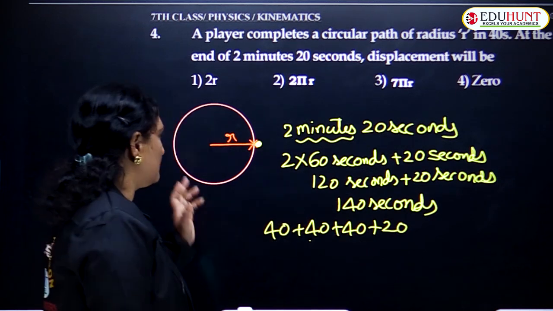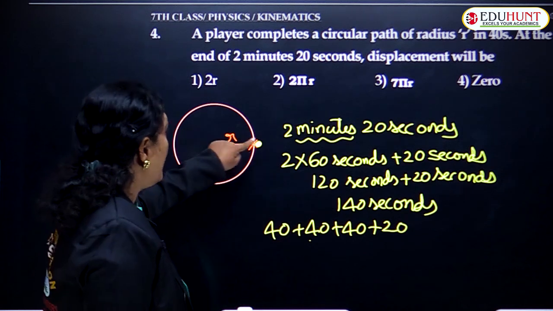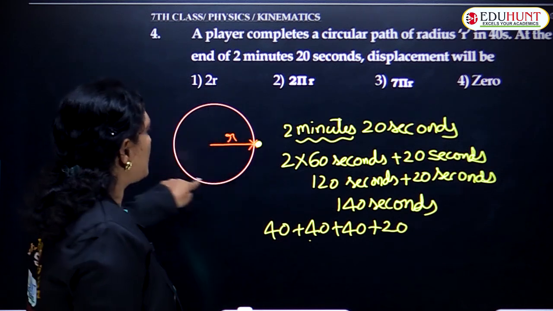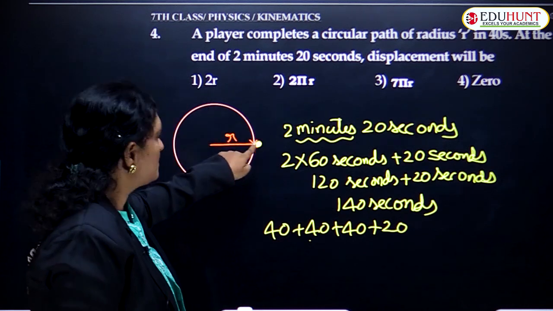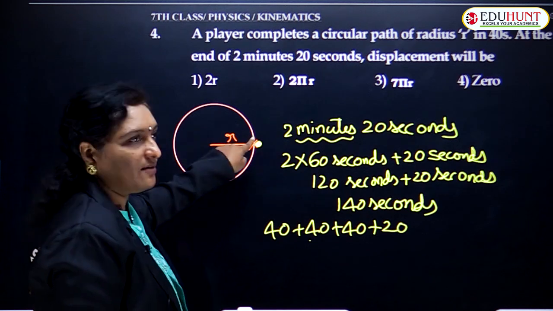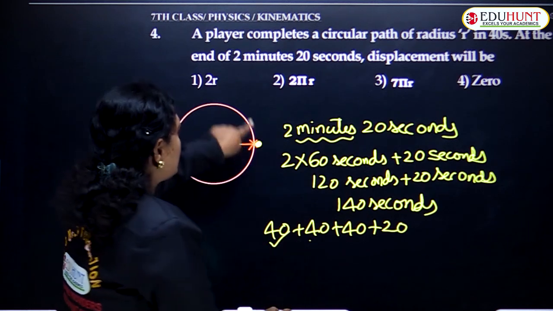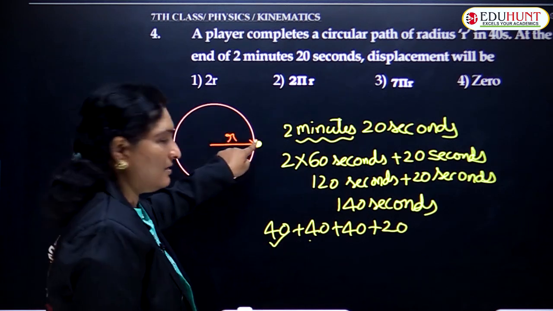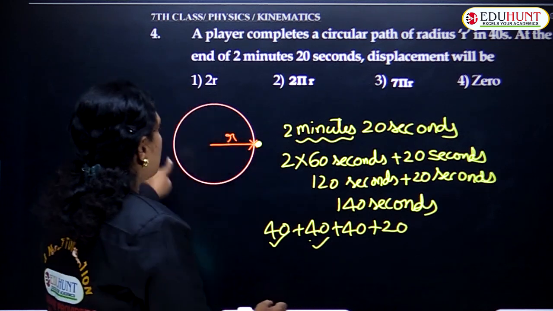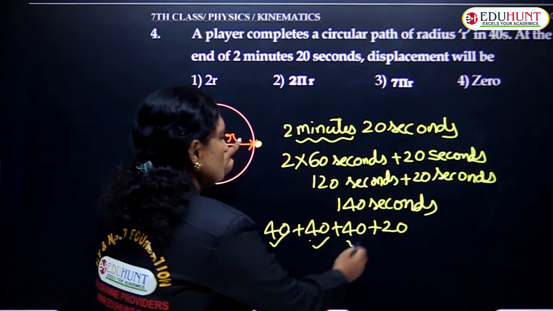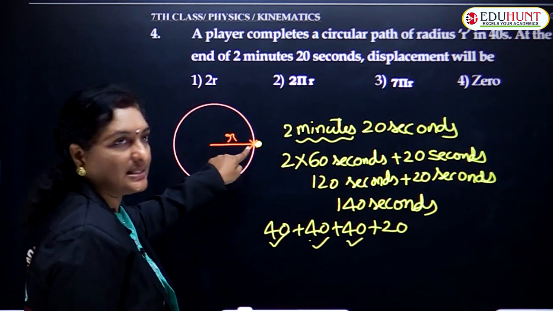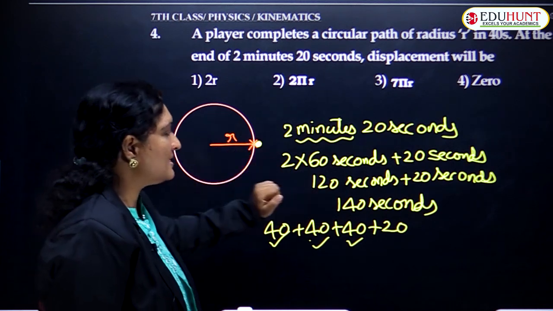Let me tell you why I have written like this. Every 40 seconds it completes one revolution. So first 40 seconds, one revolution. Next 40 seconds, one more revolution. Next 40 seconds, one more revolution. So finally it has covered 120 seconds, and 20 seconds are left over.